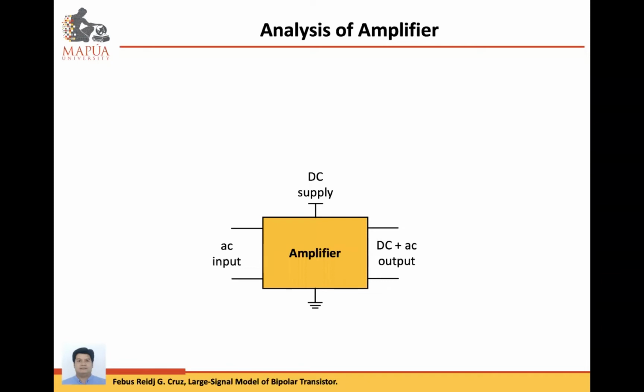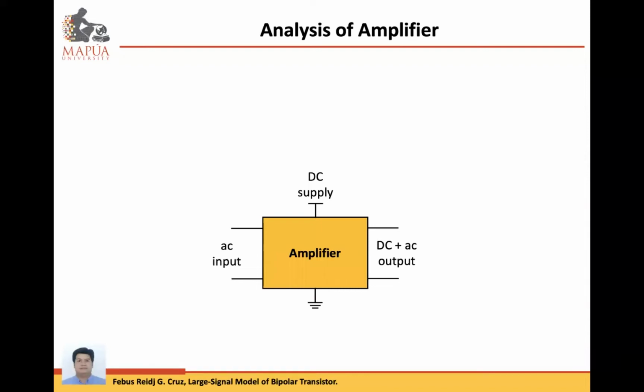The base-emitter junction must be forward biased, while the base-collector junction must be reverse biased. To provide the proper biasing requirements, we need the DC supply.